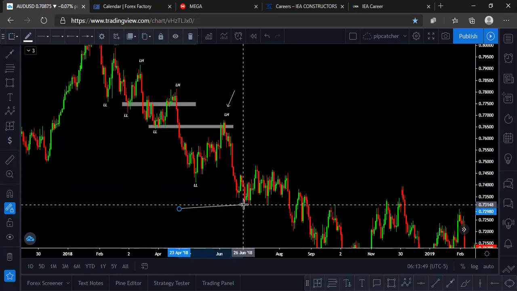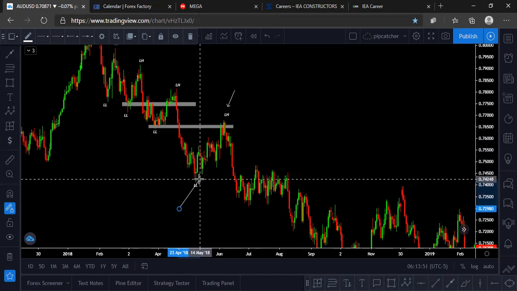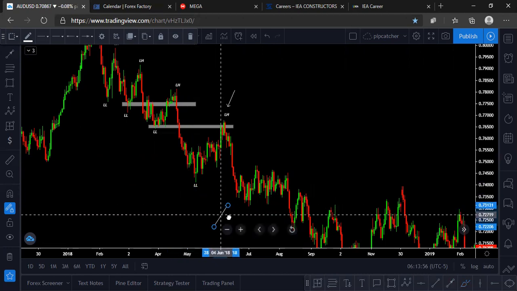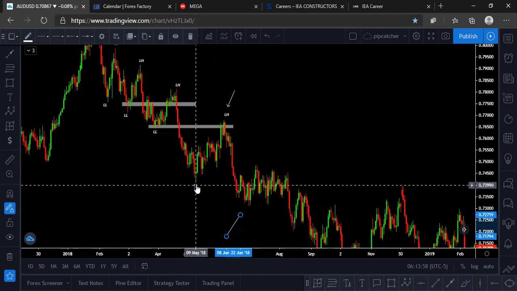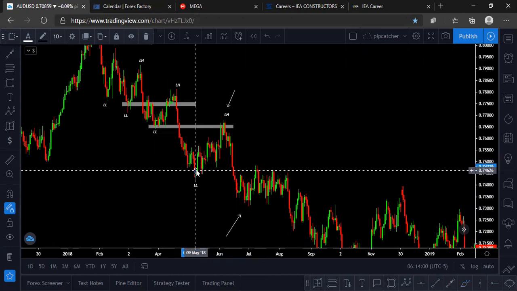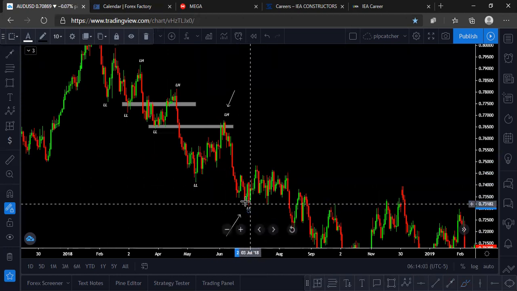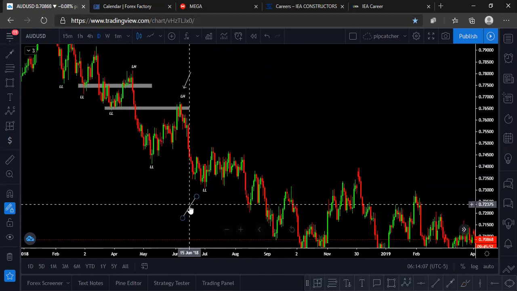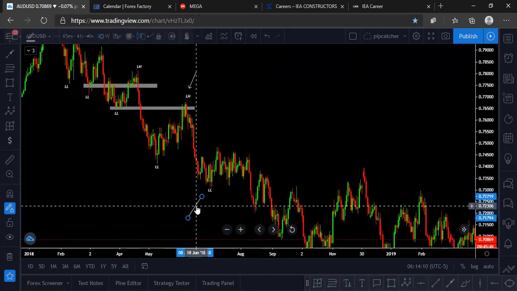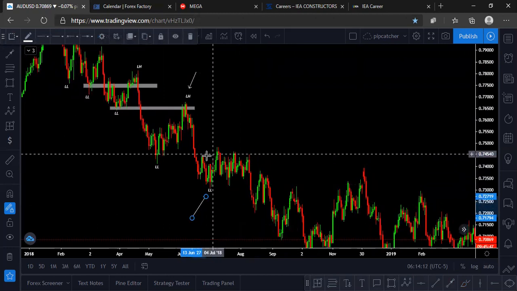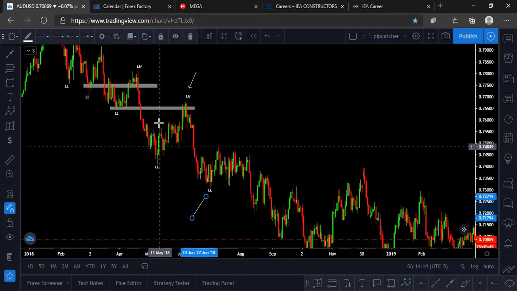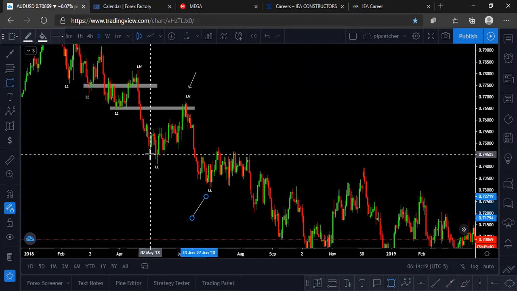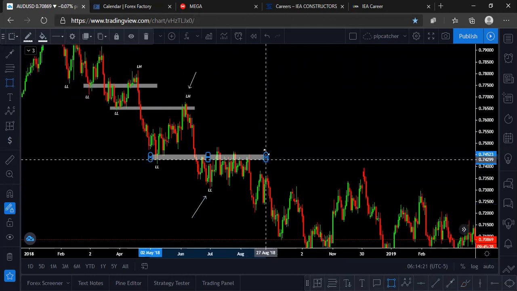Price trades once again to the downside, breaking this previous lower low, giving us a new lower low. Why is that? Because it is lower than this previous low here, okay? So in this area, after seeing that this area of structure had gotten broken, we'd want to draw a zone out in this area.